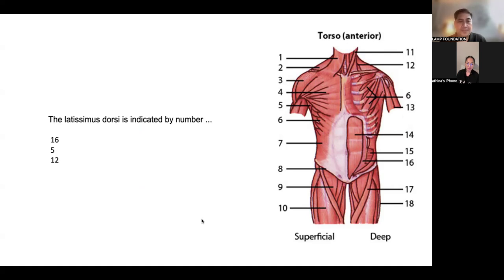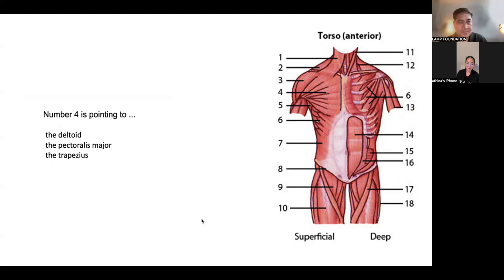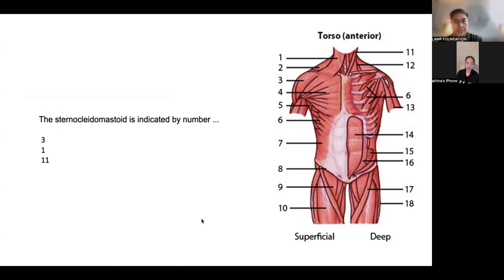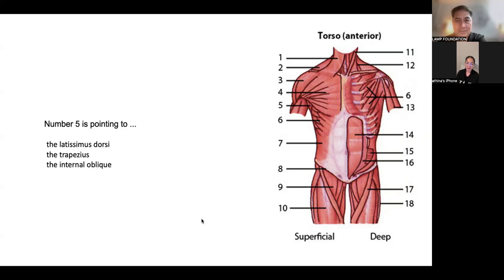Latissimus dorsi, that's number 5. Number 16, that's internal oblique. Deltoid, that's number 3. Number 4, the pectoralis major. Sternocleidomastoid is number 11. Number 5, that's the latissimus dorsi.